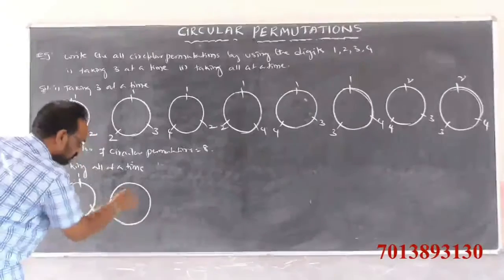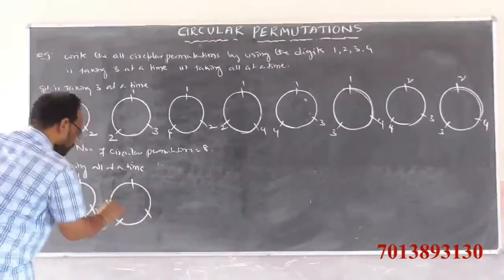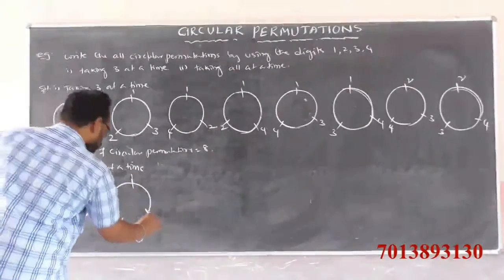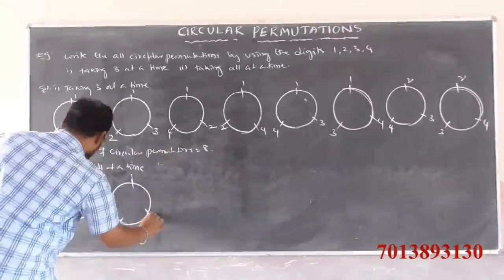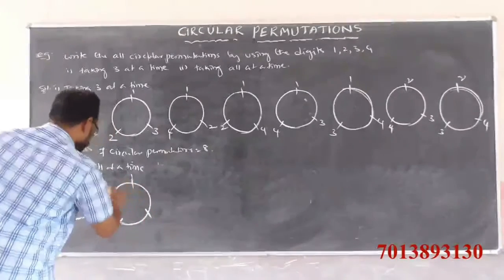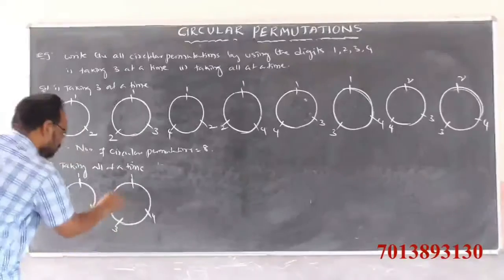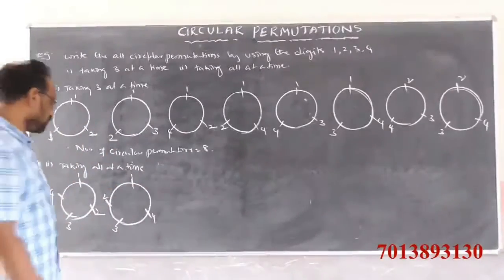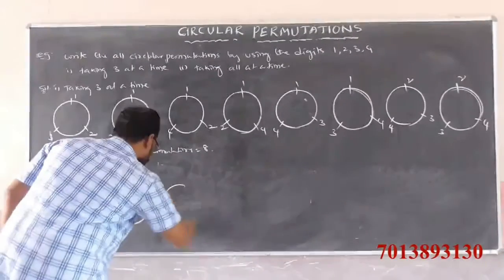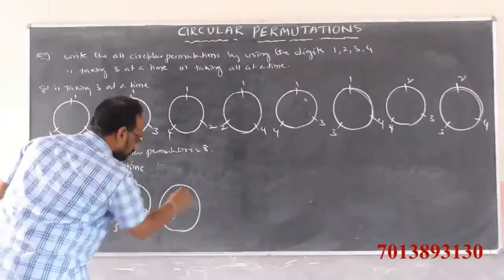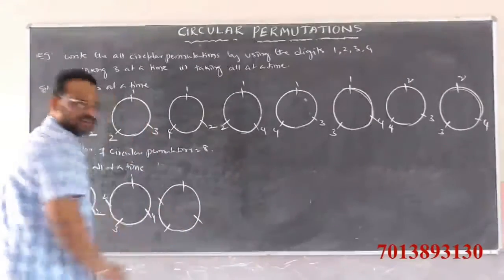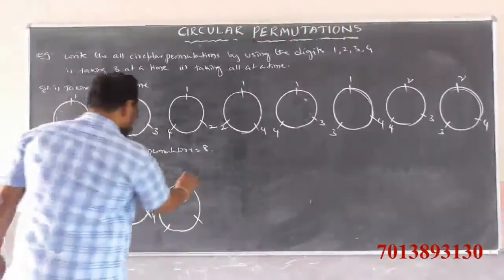Take the anti-clockwise direction, that is 1, 4, 3, 2. That is 1, 2, 3, 4 in the anti-clockwise direction. Completed. 2 completed. Next one. Take 1.